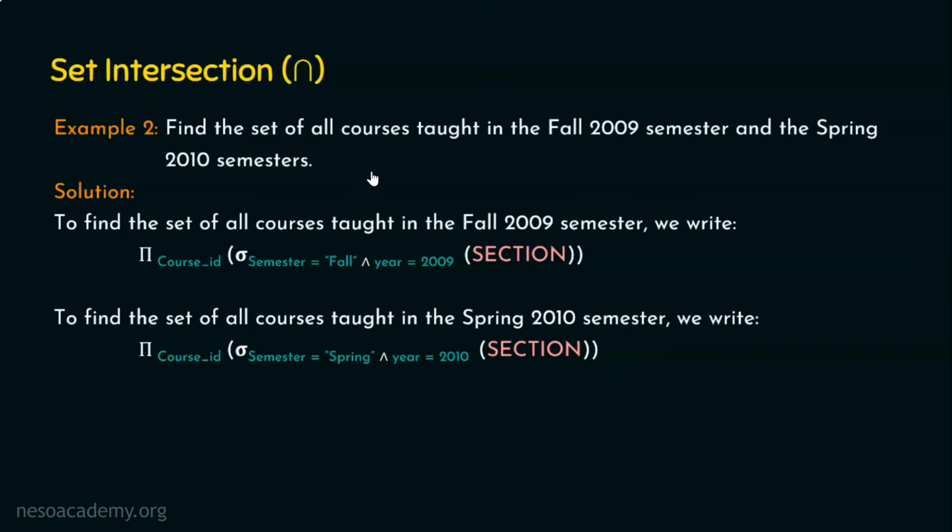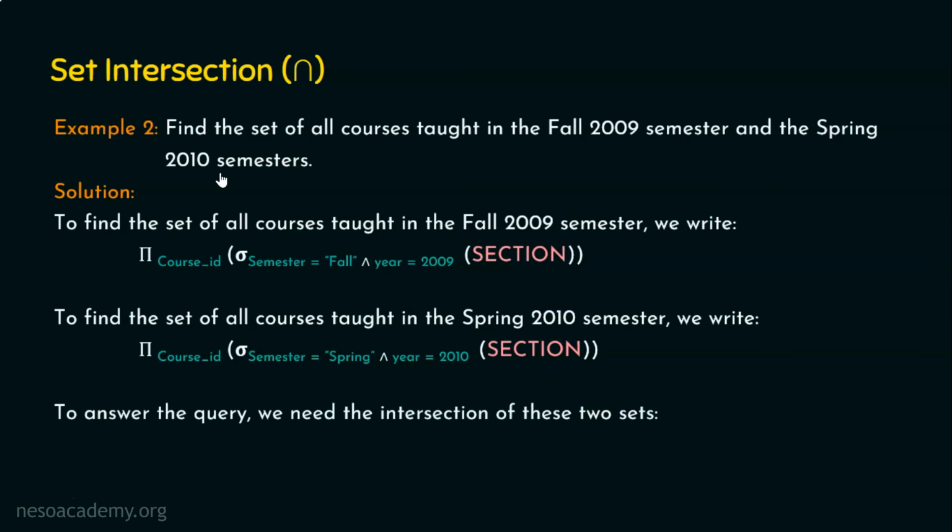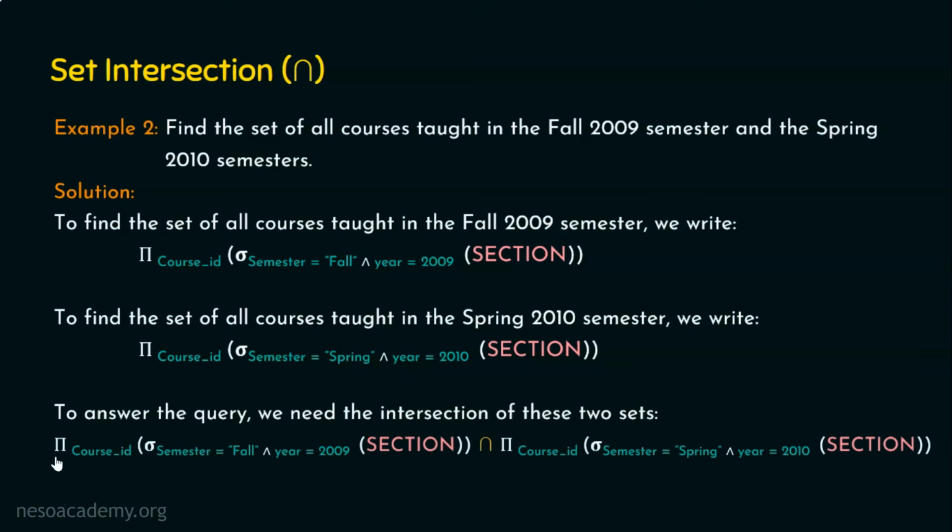Say for example, if DBMS is the course, this DBMS course should be offered in both the fall 2009 semester and the spring 2010 semester. So the output should appear in both the relations, and that's why we are performing the set intersection between these two sets or relations. To answer the query, we need the intersection of these two sets or relations. So the output is, I'm just projecting the course ID.